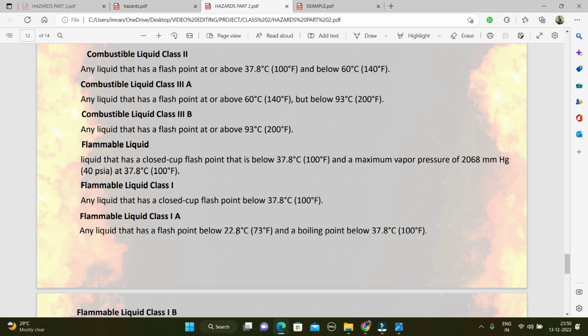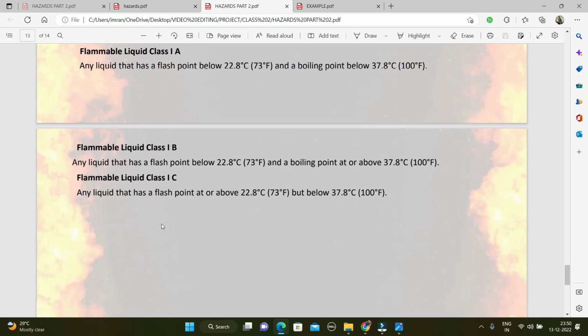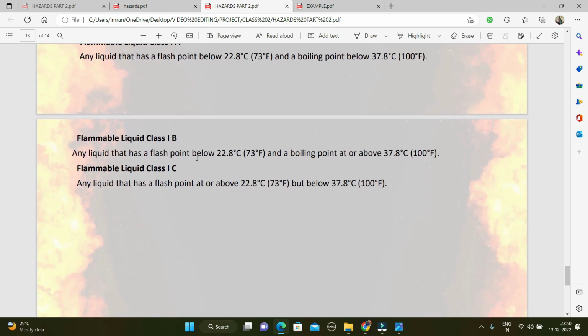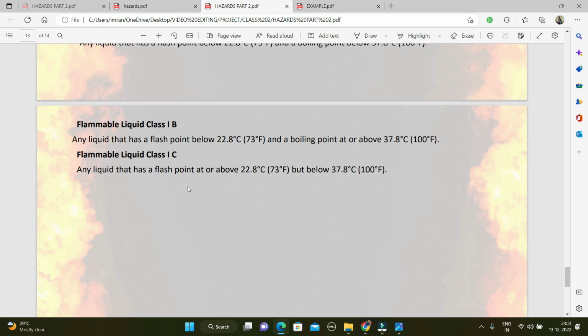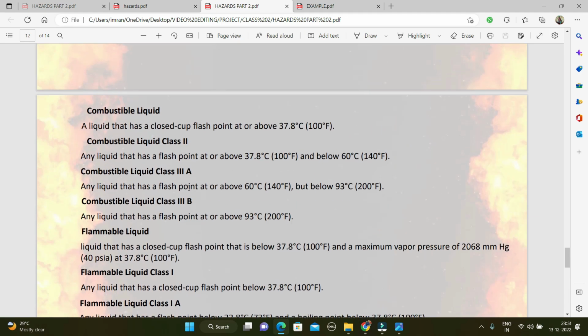Class 1B has a flash point below 22.8 degrees Celsius and a boiling point at or above 37.8 degrees Celsius. Flammable liquid class 1C has a flash point at or above 22.8 degrees Celsius and below 37.8 degrees Celsius.